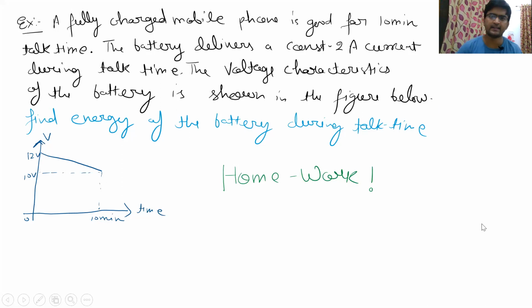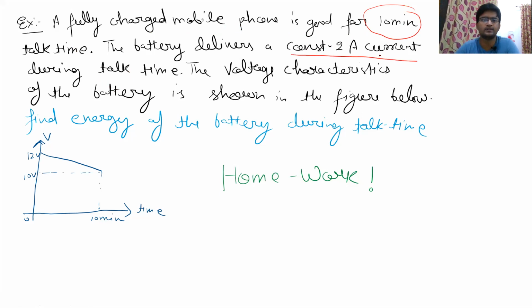Now let's end this lecture with a good homework question. The question is: a fully charged mobile phone is giving total talk time of 10 minutes, and the battery delivers a constant 2 ampere current during this talk time. The voltage characteristic of the battery is shown in the figure.